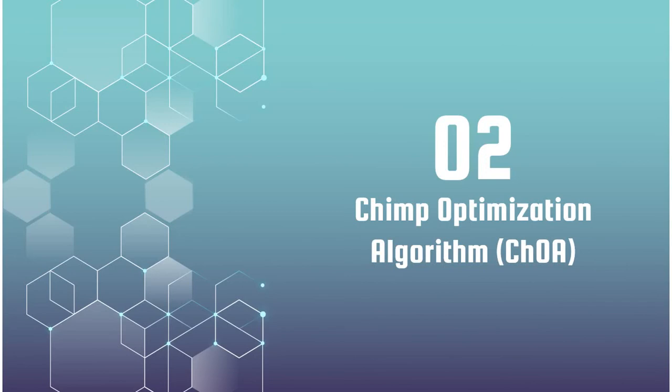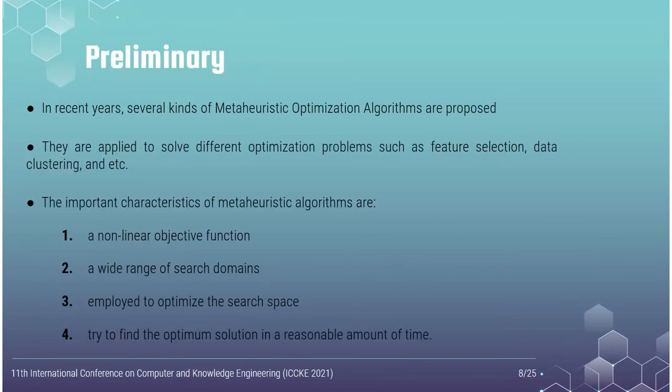Now I want to talk about the second part, which is the Chimp optimization algorithm, or ChOA. In recent years, several kinds of meta-heuristic optimization algorithms have been proposed, and they are applied to solve different and various optimization problems such as feature selection, data clustering, and other areas.